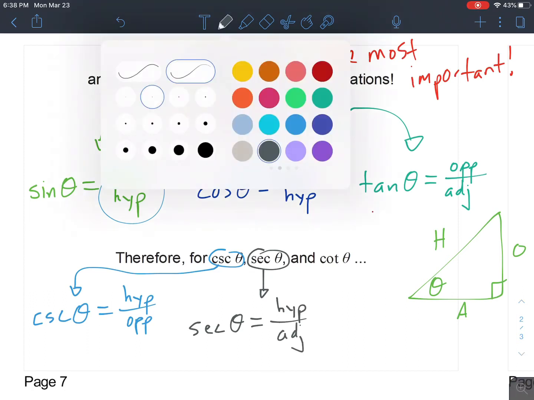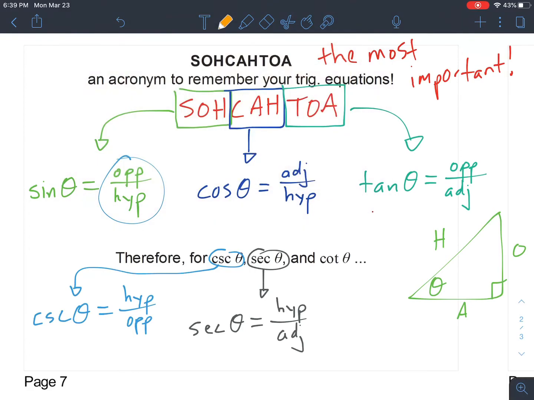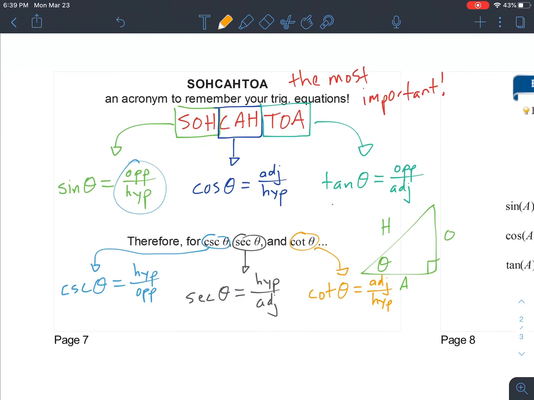And then our last one, I'm trying to pick what color haven't I used yet. Let's do orange. Cotangent then will be equal to adjacent over hypotenuse. And I'm getting kind of close to that right triangle there, so I'm going to move that out of the way.